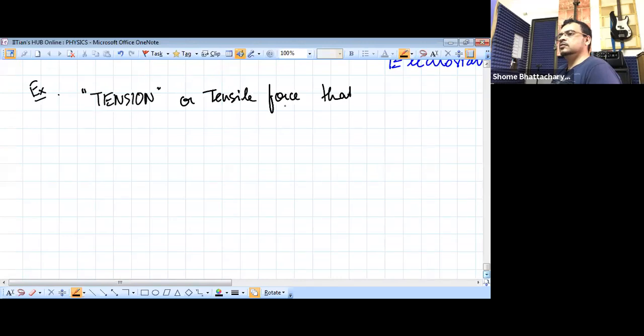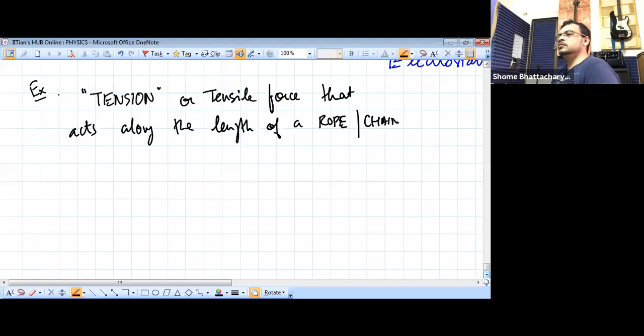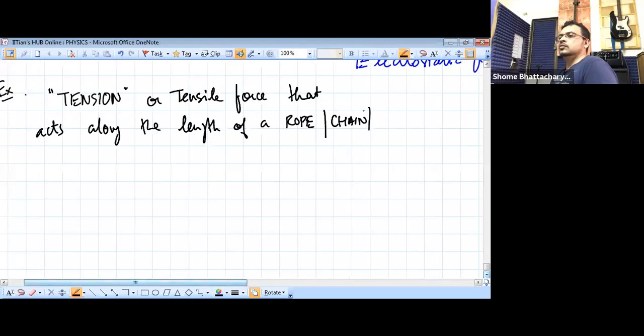That acts along the length of a rope or a chain or a thread, or any of these kinds of things, when stretched out.